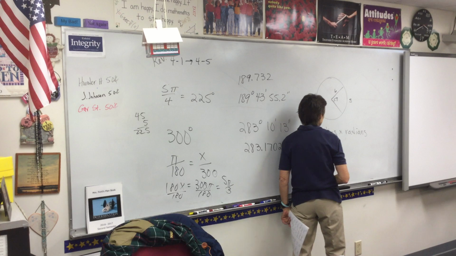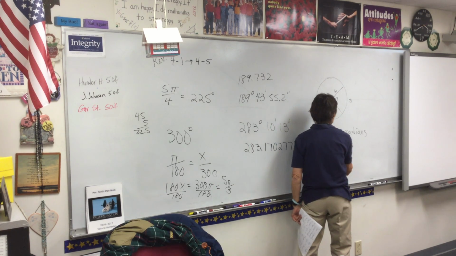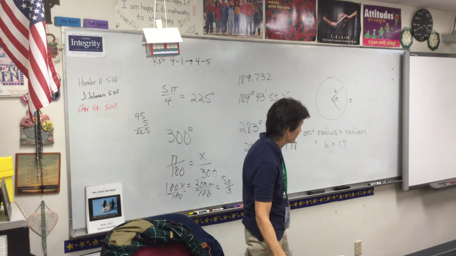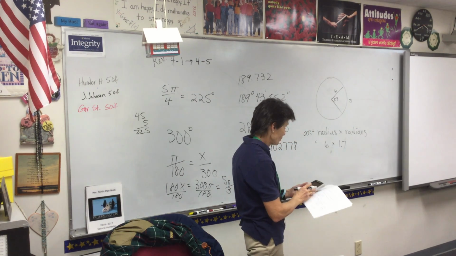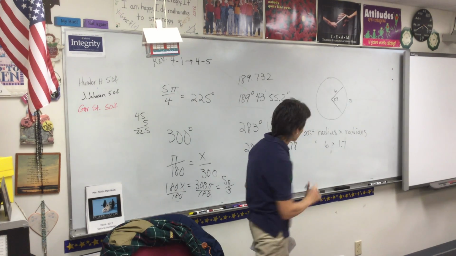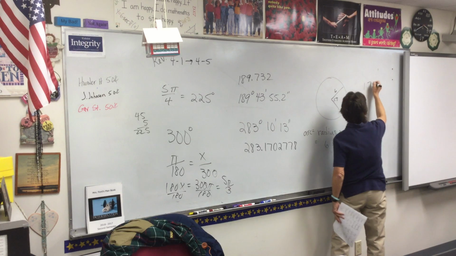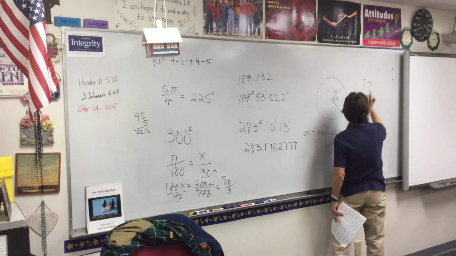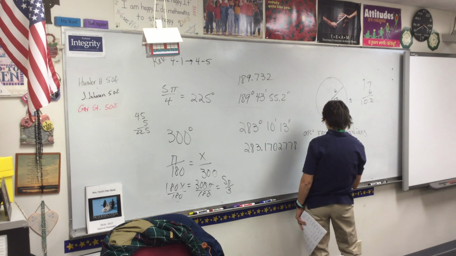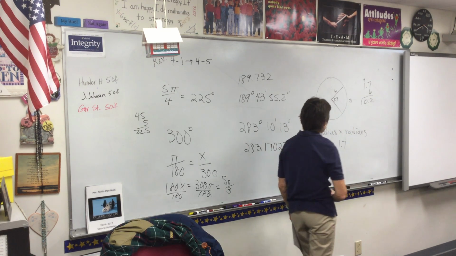Do I know the radian measure of the angle? Yep. How do I know that's a radian measure? There's no degree mark. It's a radian measure. So all I have to do is multiply, oh wait, this is a no calculator problem. So I guess I'm going to do it without a calculator. 1.7 times 6, 10.2. So my arc length is 10.2.